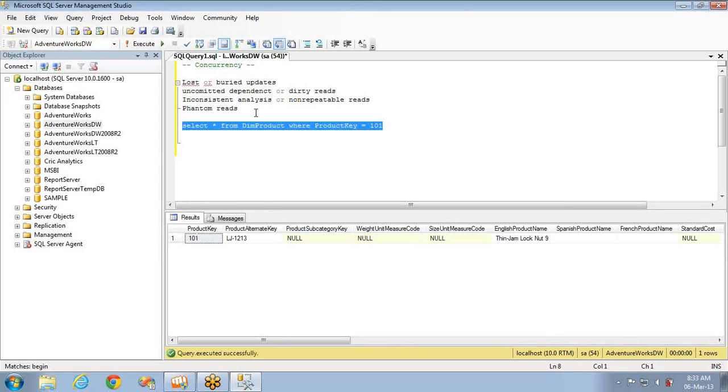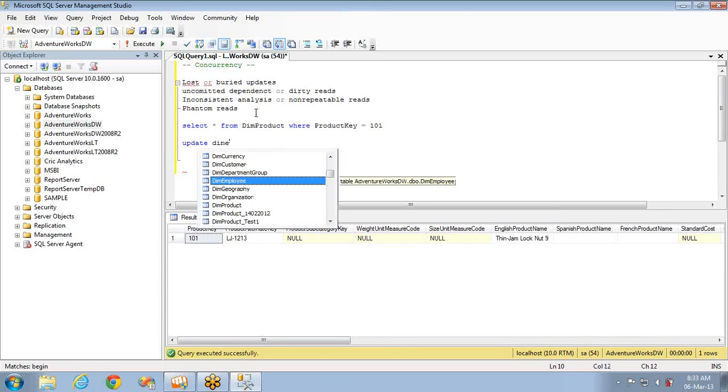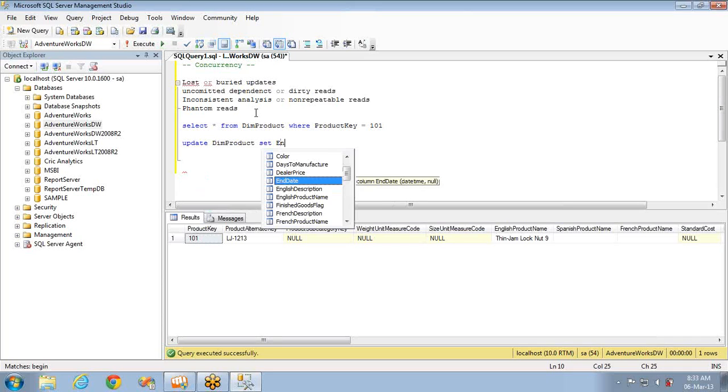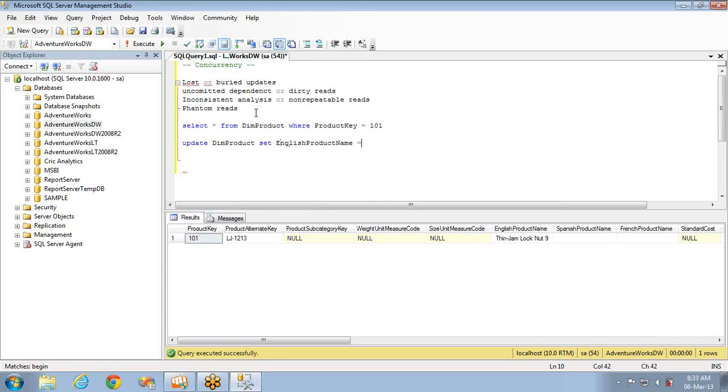Now, user 1 has written this query: update dim product set English product name equal to, I'll give a new name, test 1, where product key is equal to 101. And there is one more user executing a different query, and he is modifying the value to test 1, 2, 3.